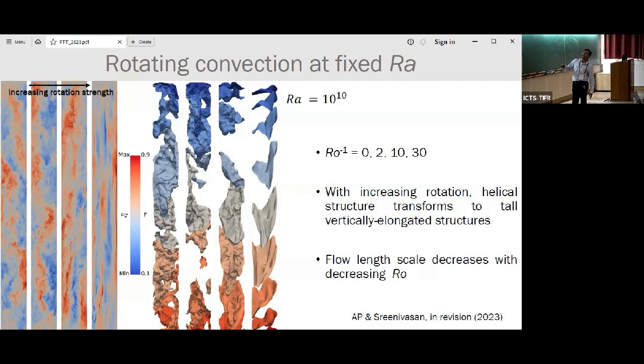So here we can see that the velocity fluctuations in the third dimension are strongly suppressed at an inverse Rossby number of 30, which is basically a high rotation rate. So qualitatively, from these flow visualizations, we can say that the effect of rotation on the slender cell is very similar to that on extended cells.